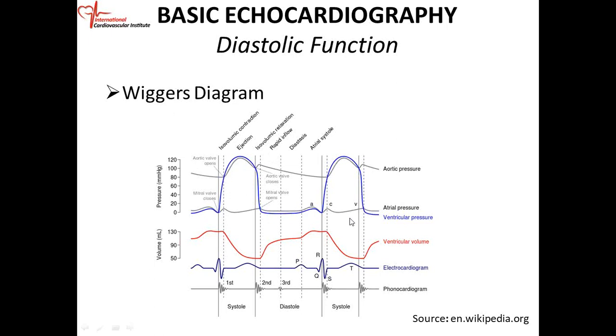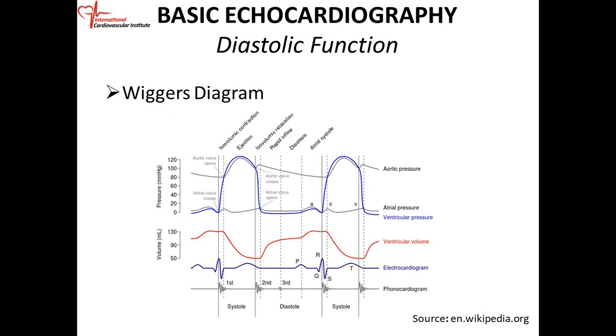So you have this so-called LV pressure, your aortic pressure, and then the atrial pressure. Throughout the cardiac cycle, there's pressure in the atrium.